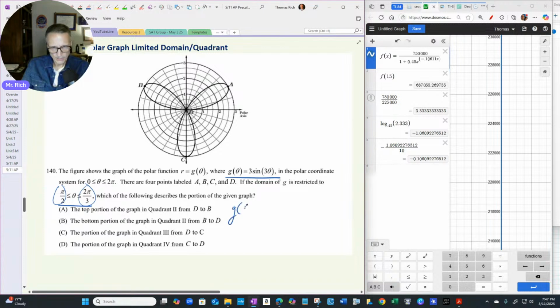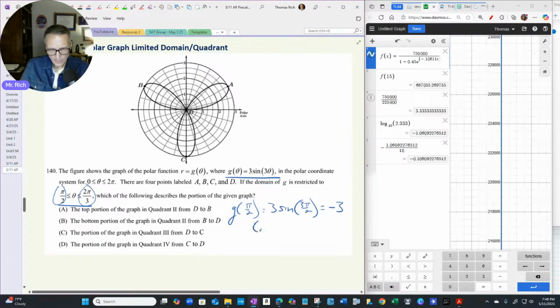So we're going to do g of pi over 2. So that would be 3 times sine of 3 times pi over 2. Okay, and sine of 3 pi over 2 is -1. So the answer here is -3.